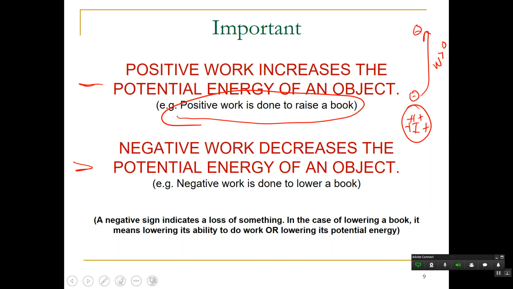Think about which one makes you tired and call that one positive work. Picking up an object and bringing it up is more tiresome than bringing it down. Going upstairs, dragging yourselves up those 5 flights of stairs or 4 flights to get to this class is harder than going downstairs. Going up is positive, going down is negative.